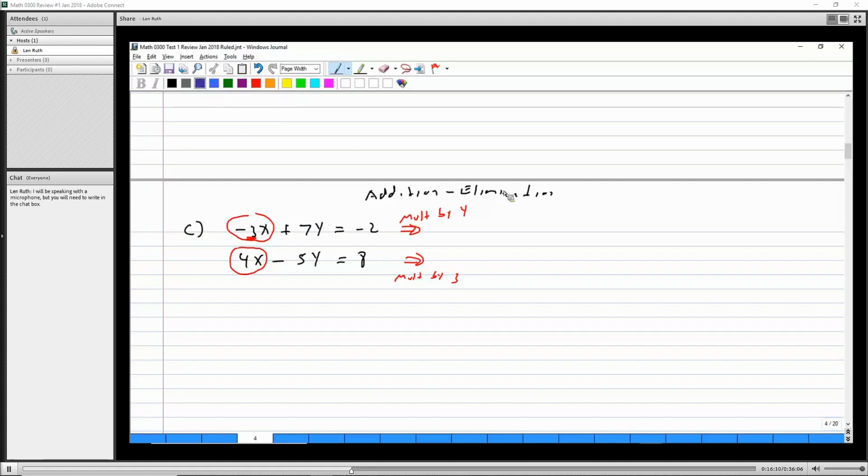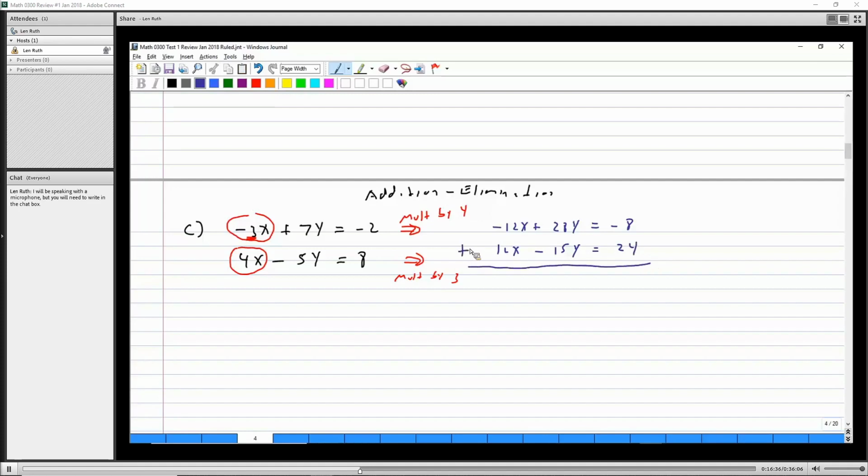So if you do that, the top one, if you quadruple everything, is minus 12x plus 28y equals minus 8. And the second one, if you triple everything, is 12x minus 15y equals 24.